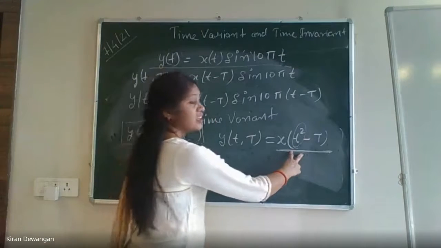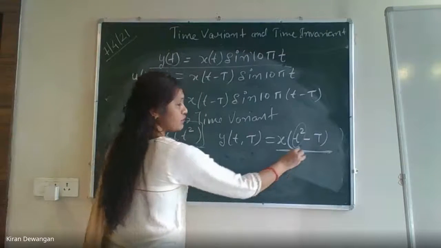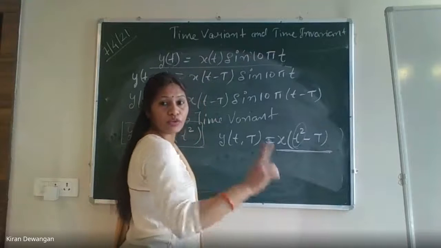It will not be (t square minus T) whole square; it will be t square minus T. It is a shift in the input.